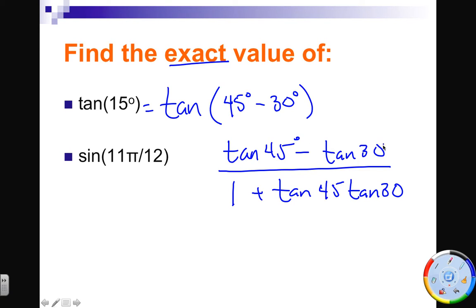You got to remember these are all degrees. Well, the tangent of 45, now we're going to find some exact answers because these are nice special angles. The tangent of 45 degrees is 1. The tangent of 30 degrees is root 3 over 3.